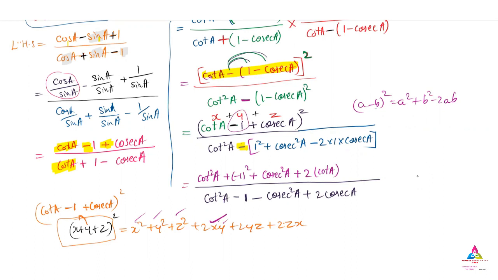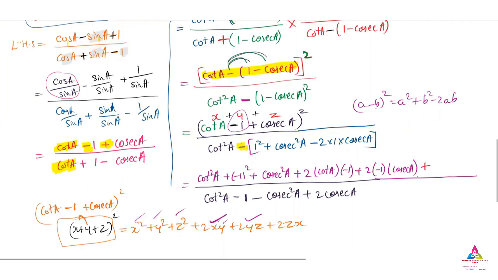Minus 1. So minus 1. Plus, next we have to go for 2 times yz. So 2 times y value is minus 1 and z value is cosecant A. It is very lengthy now, so you have to take more space here to write down this. Next we have positive, and next again we have 2 times zx. So z value is here cosecant, and x value is cot.